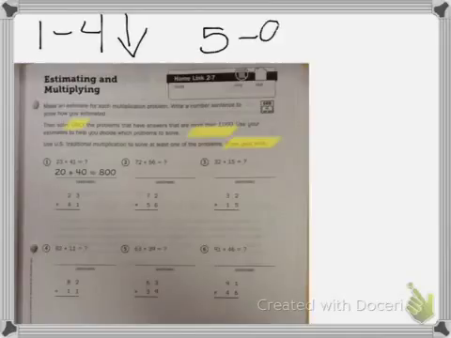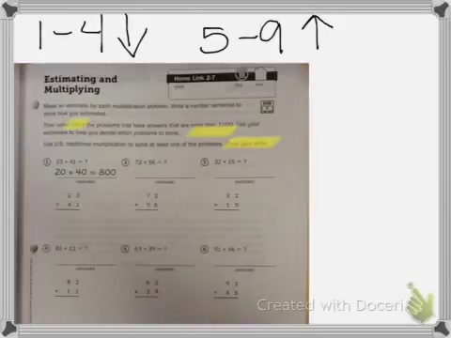Let's take a look at our first problem. Before that, remember, 1 through 4, round down to the nearest whatever you're looking for, ones, tens, hundreds. 5 through 9, you round up.